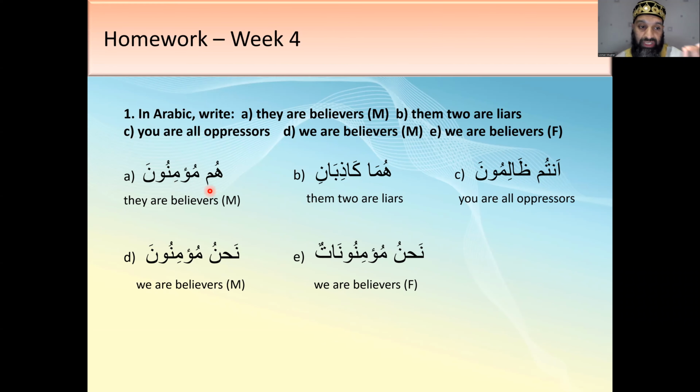So the noun will continue with its default way, which is marfu.